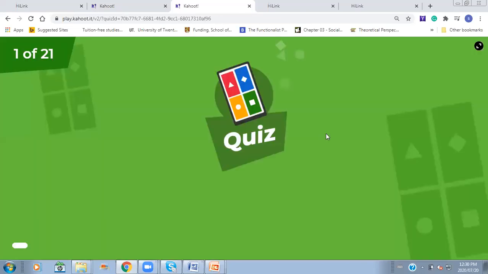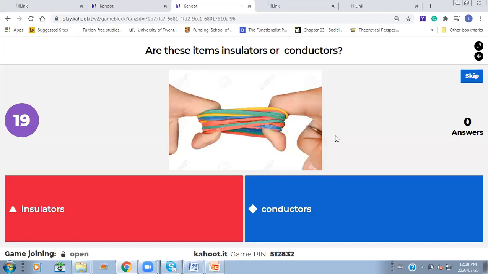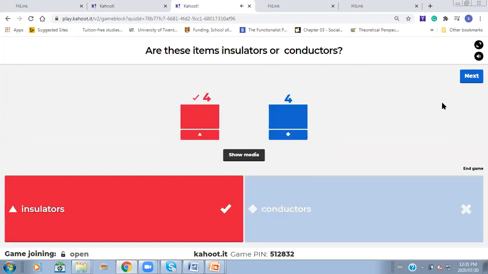Are these items insulators or conductors? So, are they insulators or conductors? Okay, so let's see.